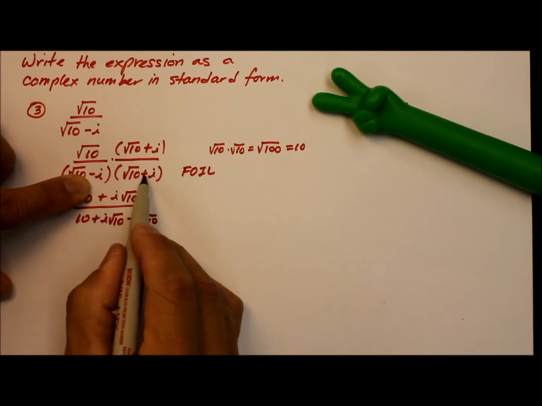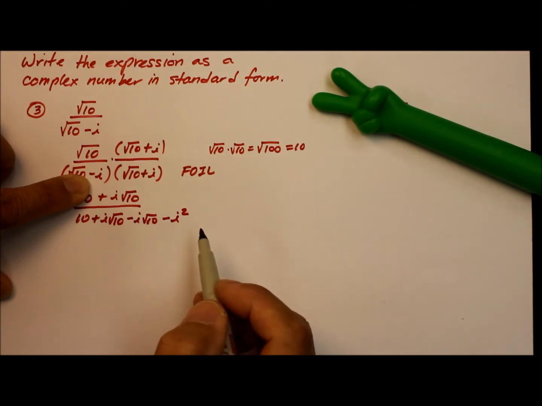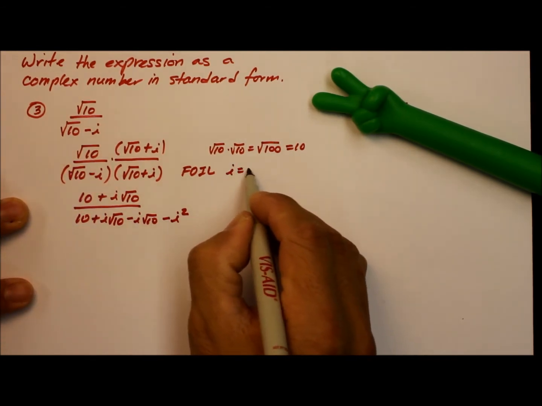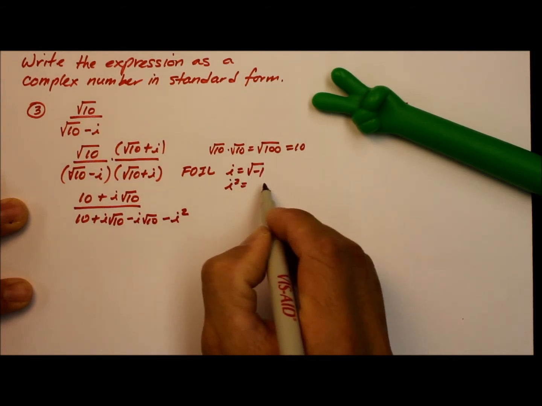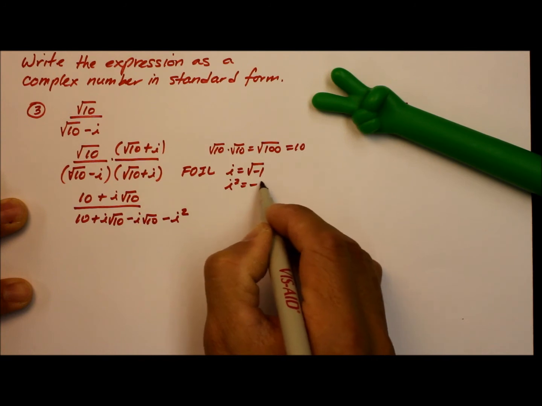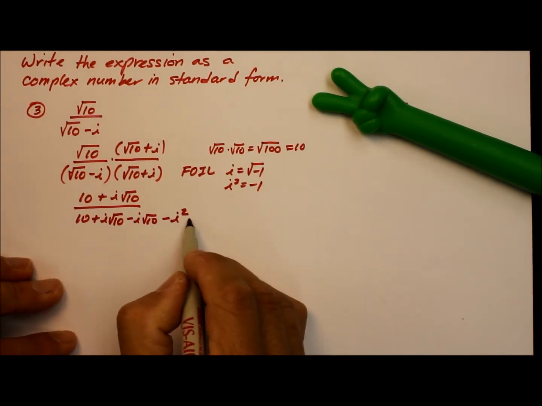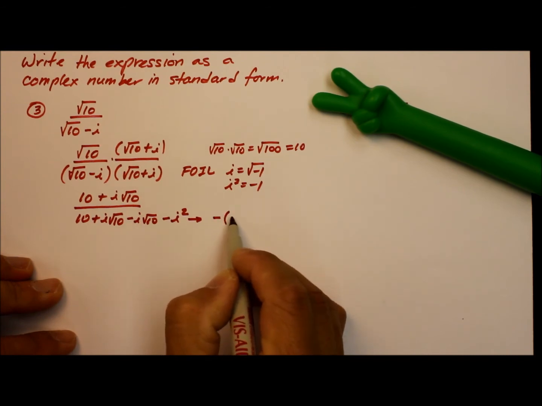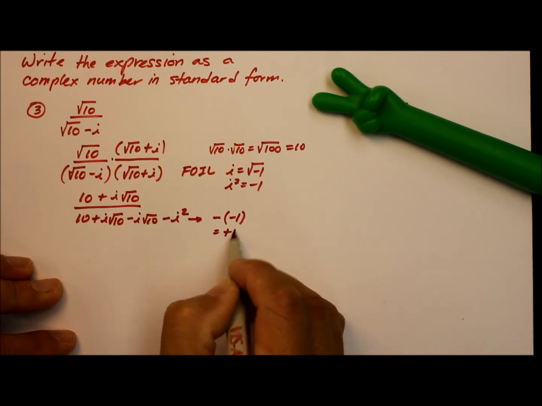And negative times a positive i is going to be negative i squared. Now remember, the i was defined as the square root of negative 1. And that means i squared simply becomes negative 1. So that means right here, since we have minus i squared, in fact it means negative times the quantity of negative 1, which becomes plus 1.